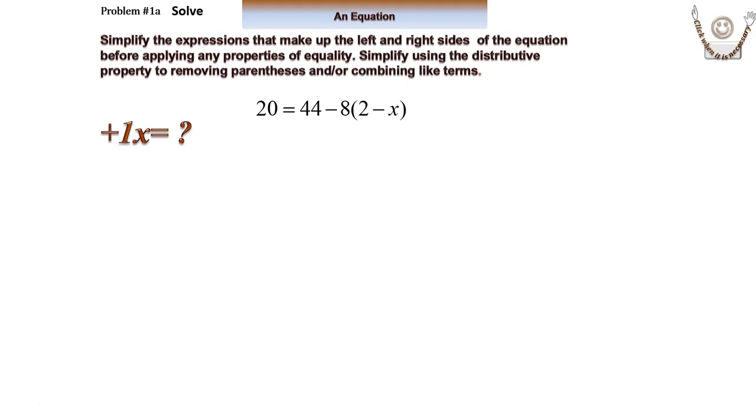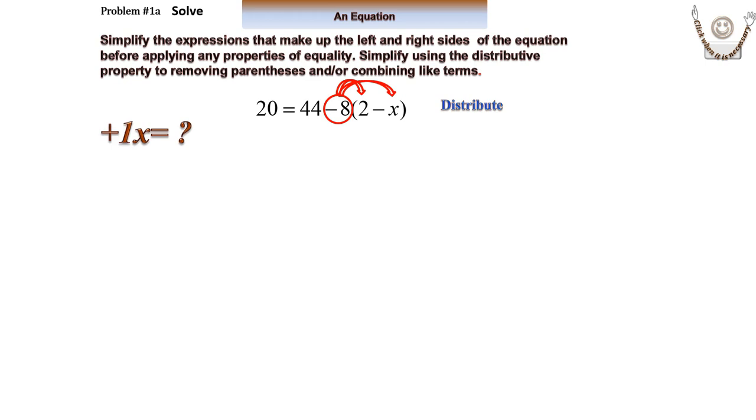Next problem. We have an equation and as you see we have parentheses. So here is the rule. We have to simplify expressions that make up the left and right side of the equation before applying any properties of equality. So we have to use the distributive property to remove parentheses and then we have to combine like terms.